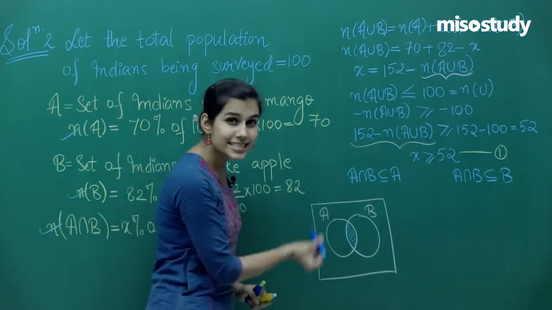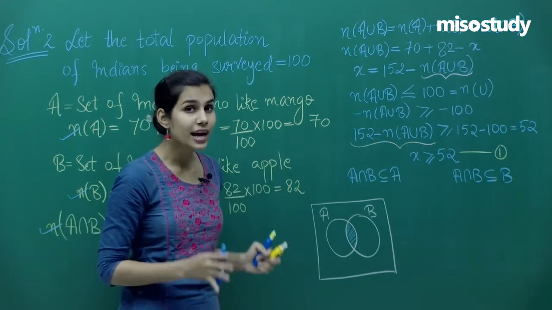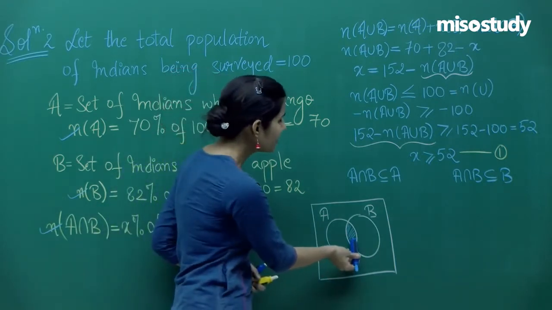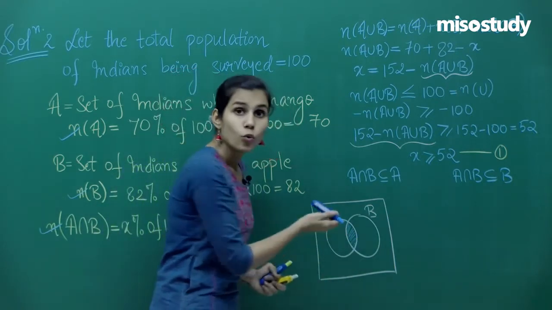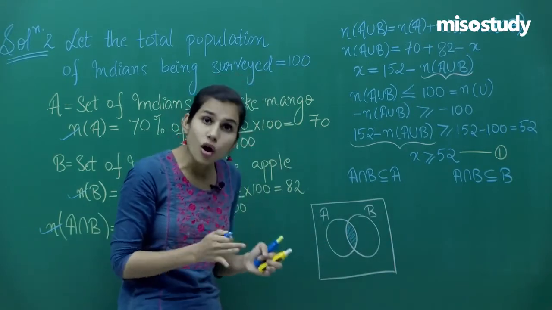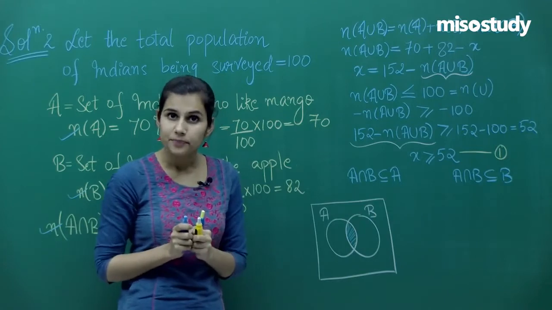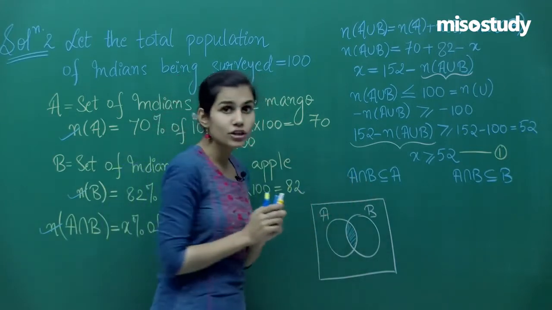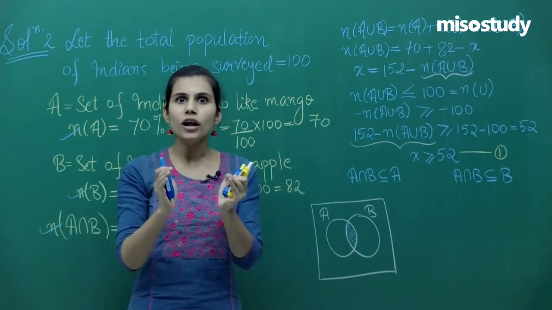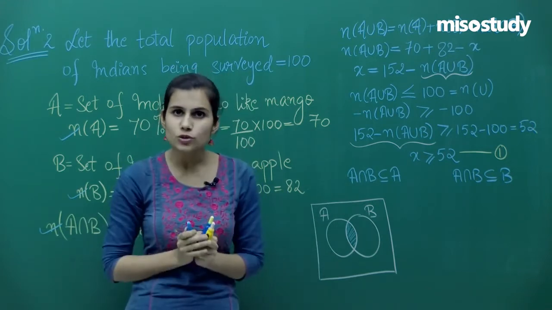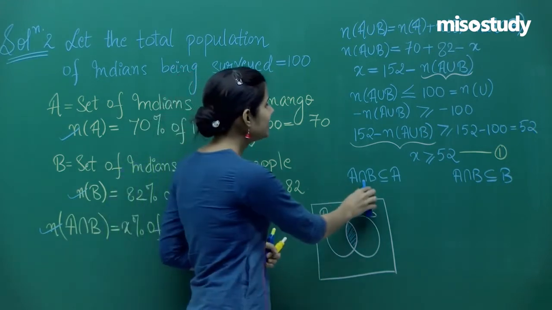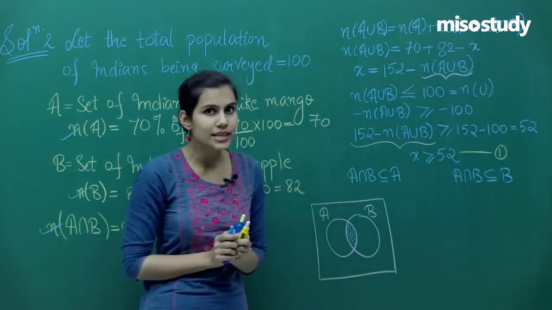Now, as you can see, even in a very generalized form, number of members in A intersection B will be less than or equal to the number of members in the set A, because A intersection B's size is smaller or at the max equal to set A. When can A intersection B be equal to set A?